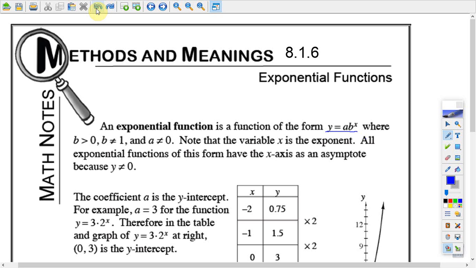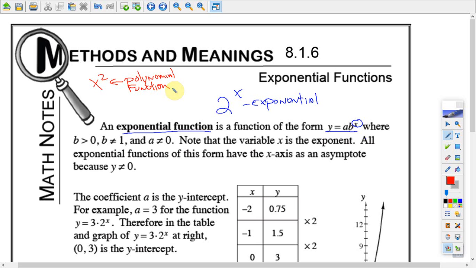Note that the variable x is the exponent. So having the variable in the exponent is what makes it an exponential function. So 2 to the x is an exponential function, whereas x squared is a polynomial function, and not an exponential function.